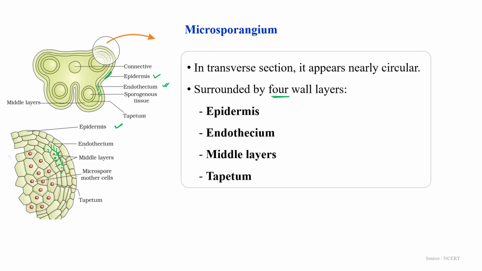Okay, and then this innermost layer is the tapetum. So it is a 4-wall layer: outermost epidermis, followed by endothecium, then middle layer, and then tapetum.